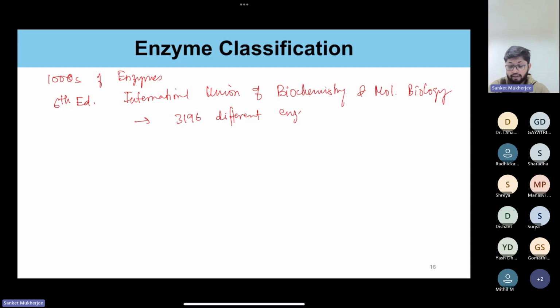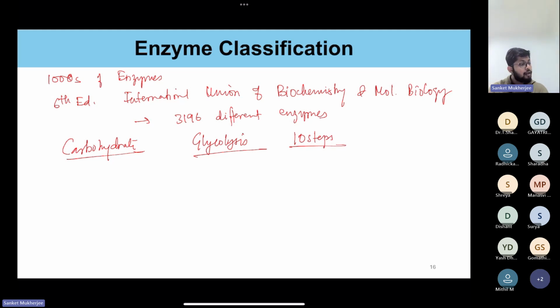So multiple enzymes are involved in cellular functions. That is very well known. Enzymes catalyze reactions involving different types of substrate, let's say carbohydrate metabolism, which will have carbohydrates as a substrate. For example, glycolysis has 10 steps and each step has one different enzyme. So there are 10 enzymes for 10 steps.